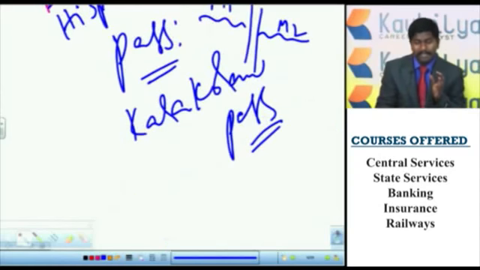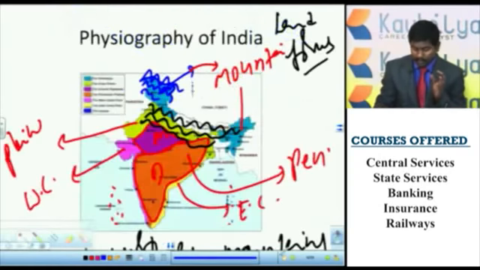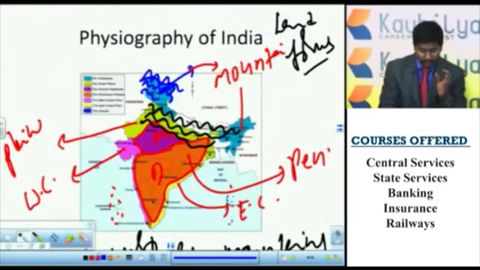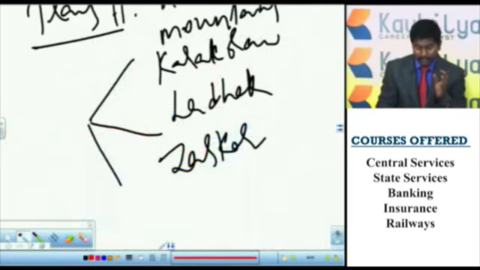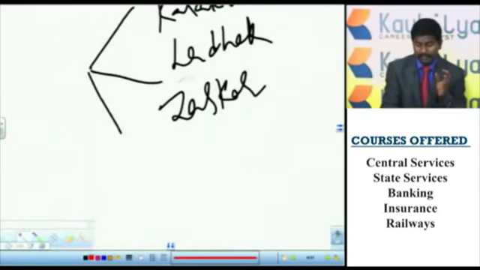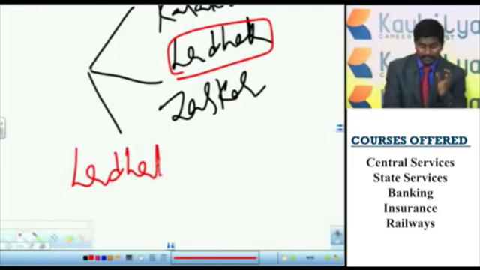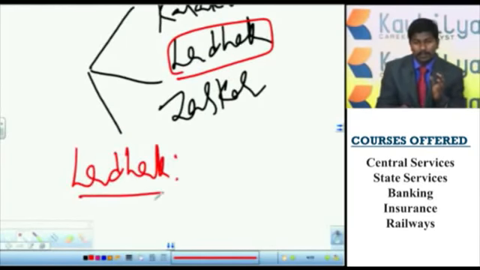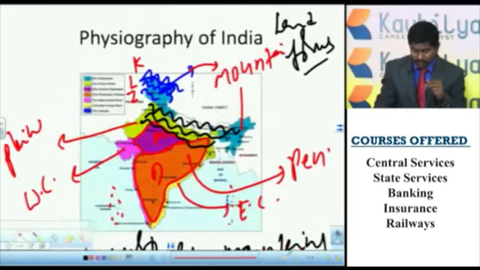Now coming to the second mountain range in the Karakoram. Remember friends, you should remember the order of these ranges also: Karakoram range, Ladakh range and Zaskar range, north to south. So the second range is the Ladakh range, and this Ladakh range extends up to the Tibetan region.